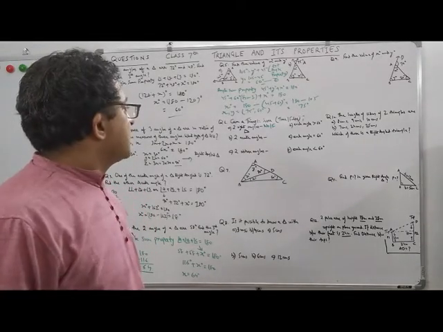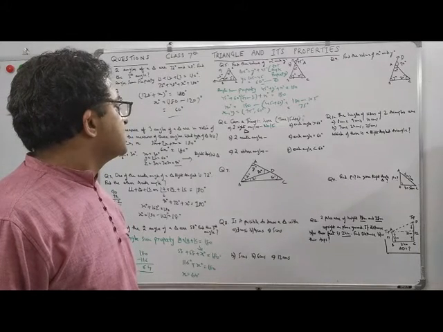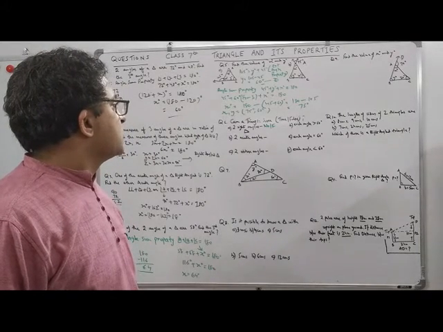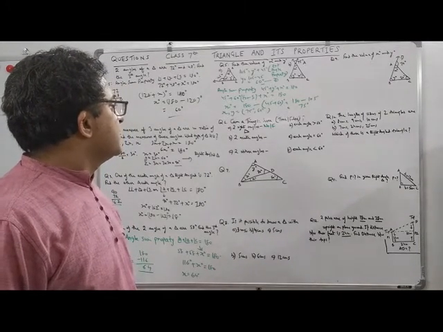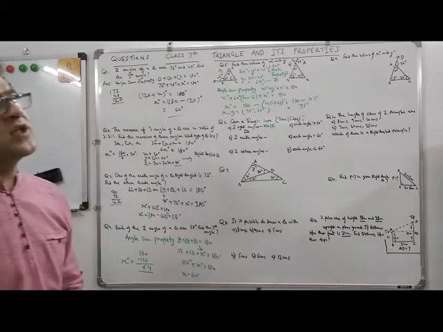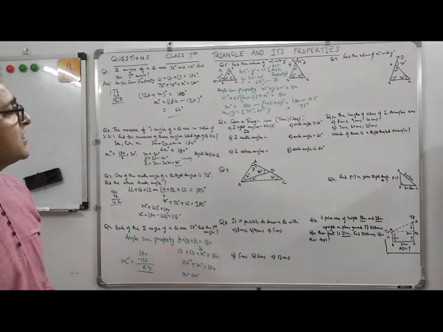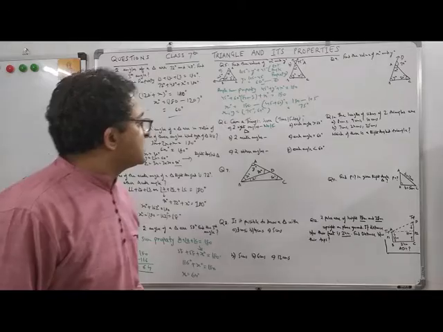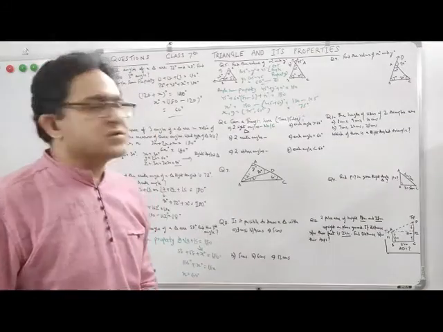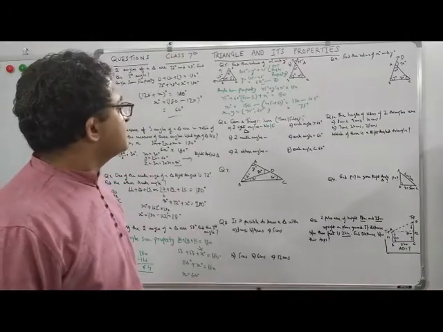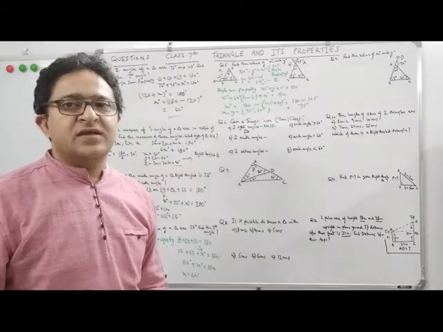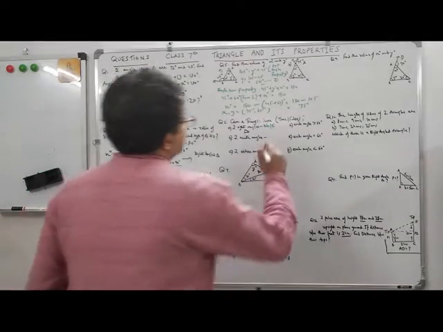So is it possible to have two acute angles? Yes, it is possible. Suppose I take 89 and 89, and the third angle will be 2. So can a triangle have two acute angles? Yes, it can.